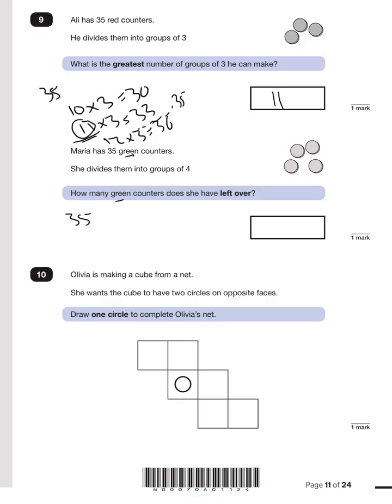Divides them into groups of 4. 4 times 9 is 36, which is 1 more than 35. So we're going to do 4 times 8, and that would be 32, which is 3 under 35. And we're looking at how many she has left over. So she's going to do 8 groups. She's going to have 3 left over to get to 35.